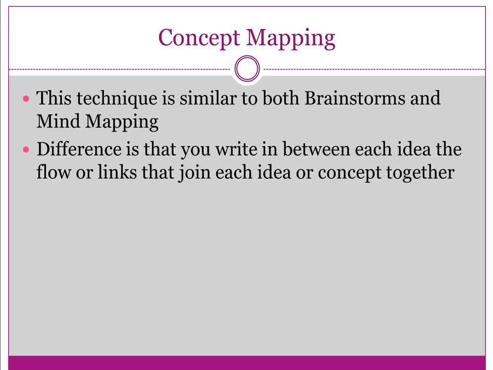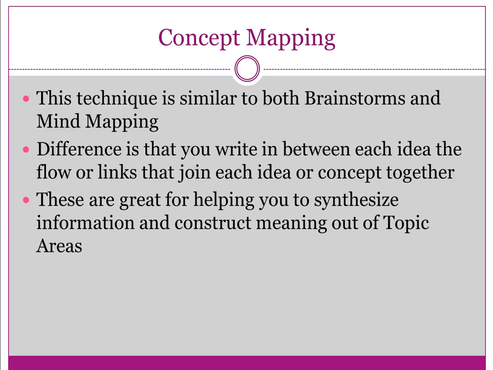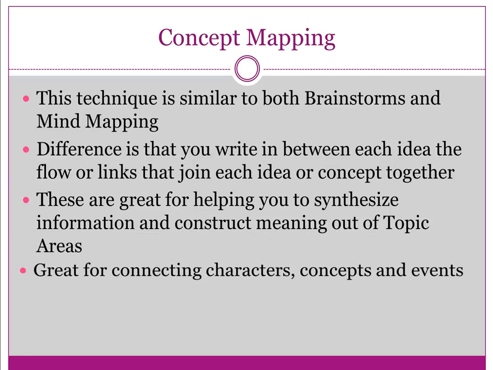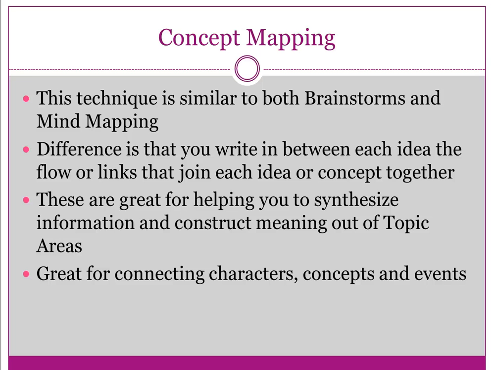So why are those ideas or characters joined together, or why are those things related in science or in maths or whatever it happens to be. And these are great for helping you to synthesize information and construct a meaning out of a topic area. Okay. And also they're great for connecting characters, concepts, and even events, especially if you're a history person. These concept maps are great because you write down why things are actually connected.